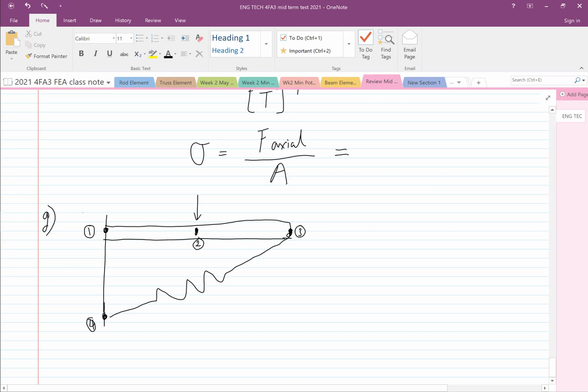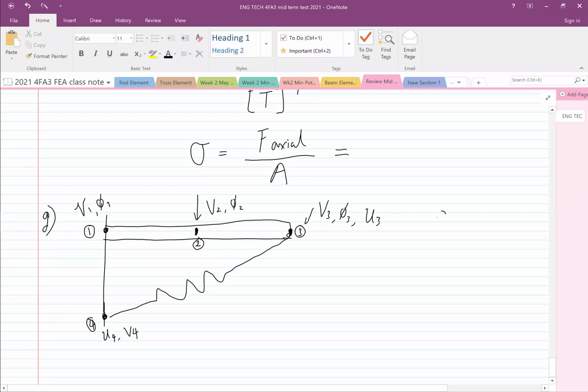Then I name the nodes, and then I name the degrees of freedom. V2, psi2, V3, psi3, and also this belongs to the truss element as well, so it's a U3. Finally, U4 and V4.